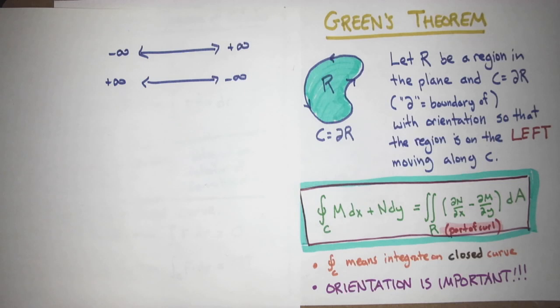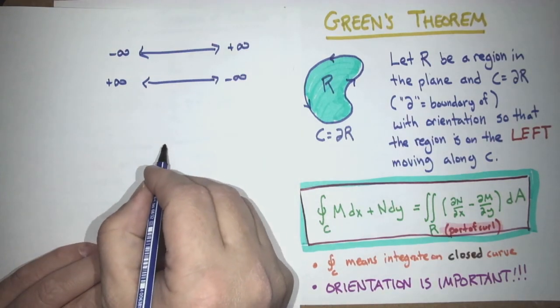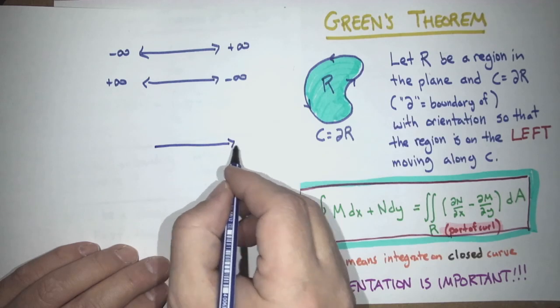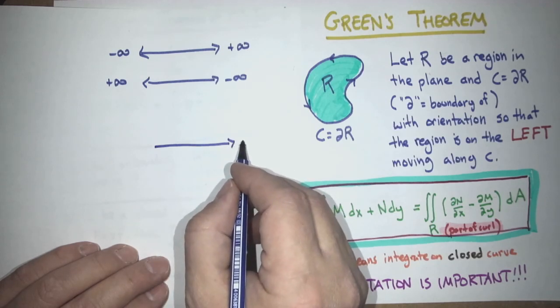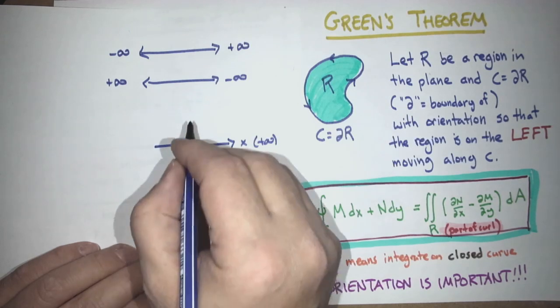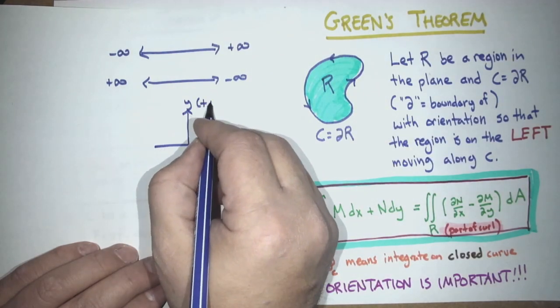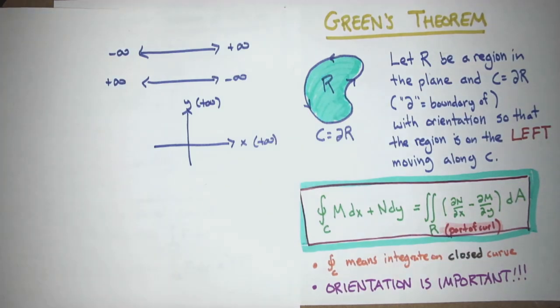Now that's one dimension. What about two dimensions? So I have here the x, which I'll say is heading to plus infinity in the x direction. And I have here the y, which again we'll say is plus infinity in the y direction. Well, what's the other orientation? Because I said there was a choice that was made.